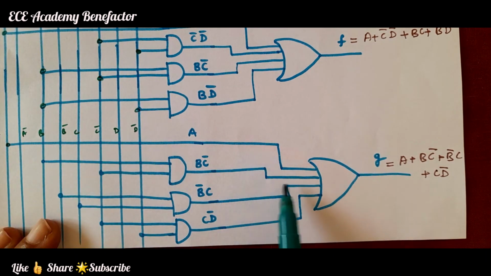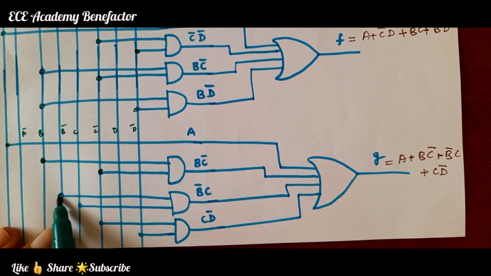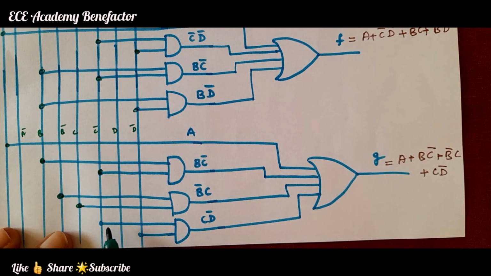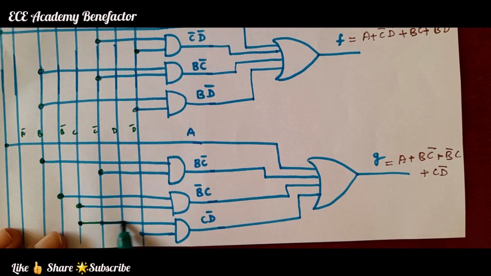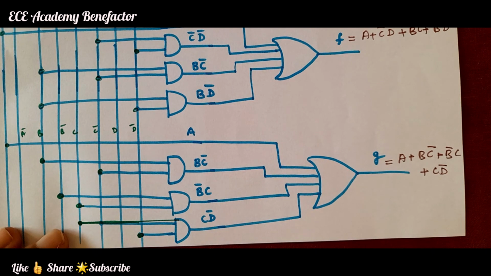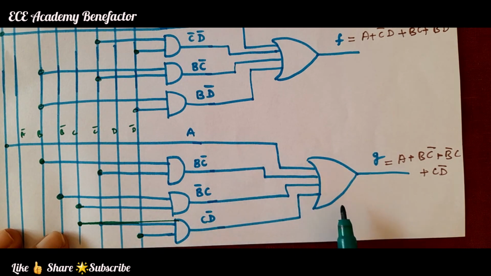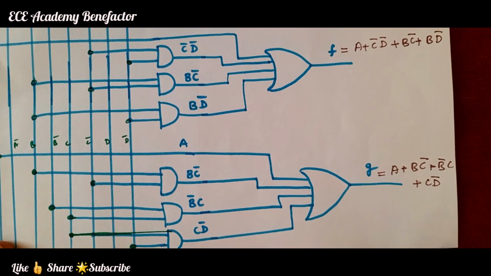So A is connected, B C bar, B bar C, C D bar, B C bar, B bar C, C D bar. Connect them to an OR gate to generate the function G.